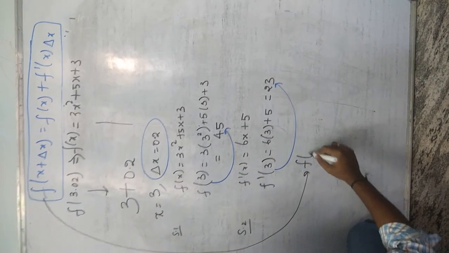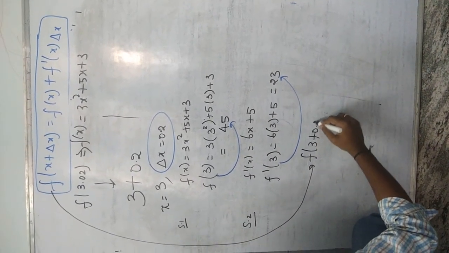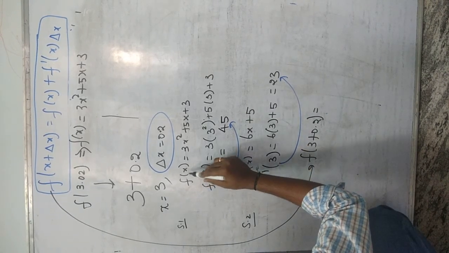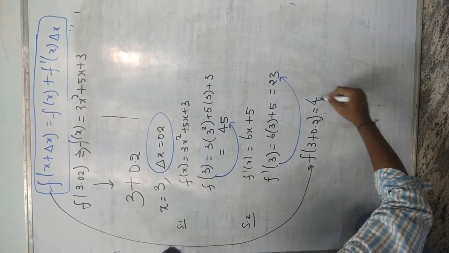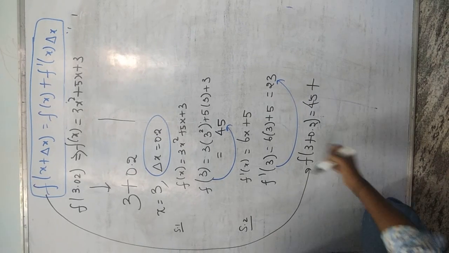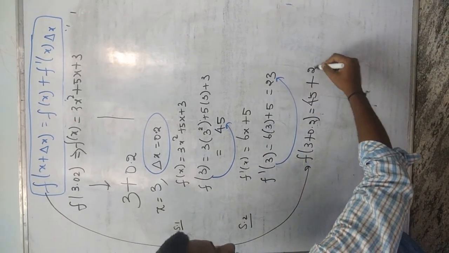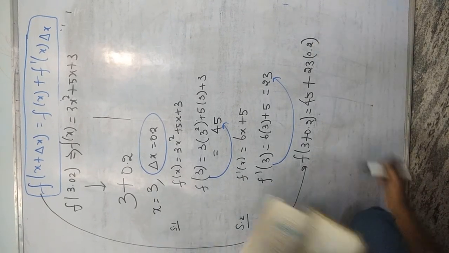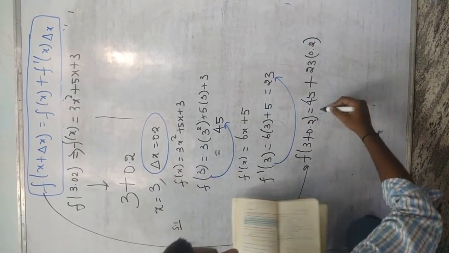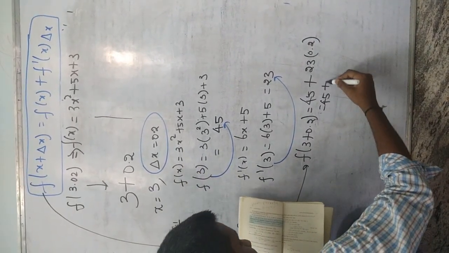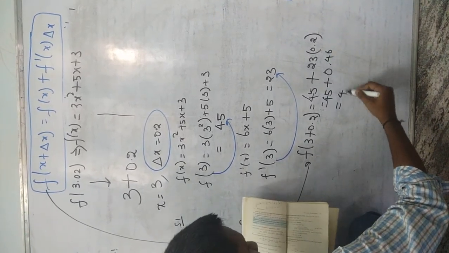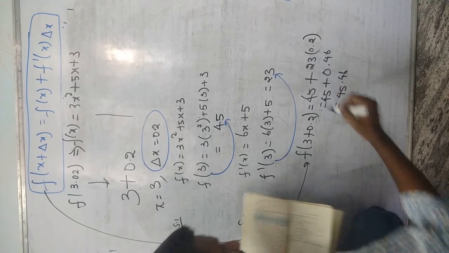F of x plus delta x, 3 plus 0.02, equal to f of x value 45 plus f dash of x value 23 into delta x value 0.02. The final answer you get is 45 plus 0.46. Therefore, the final answer is 45 plus 0.46.